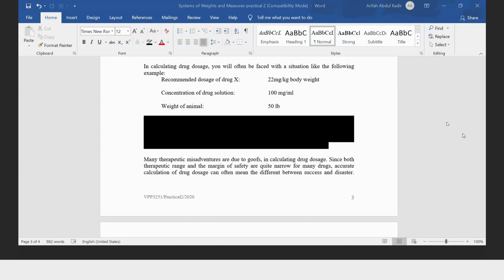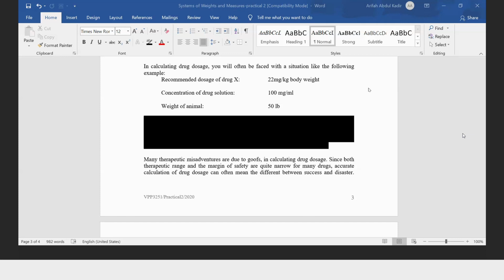Then I divide by the concentration of the drug solution, 100 milligram, and I get 5. What's the unit? Milliliter, yes.